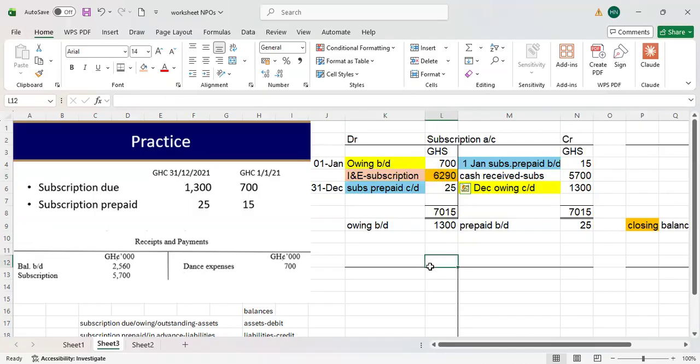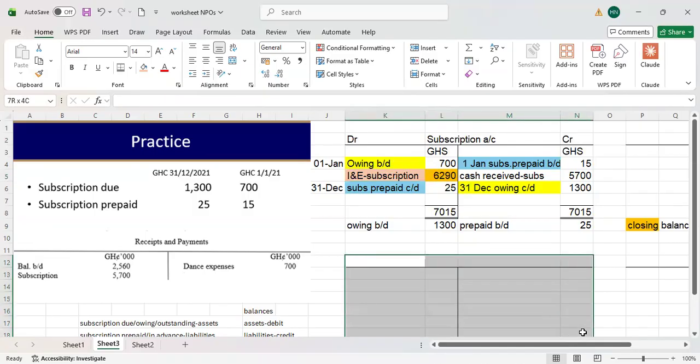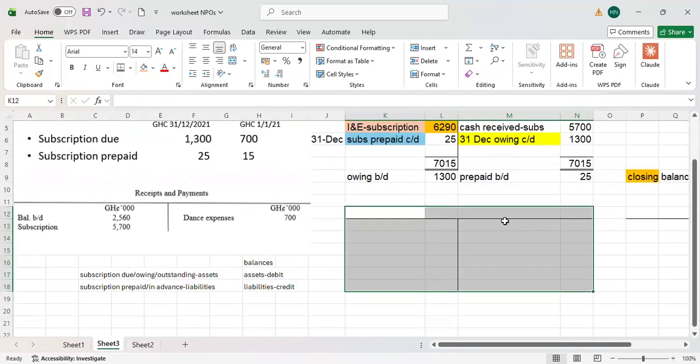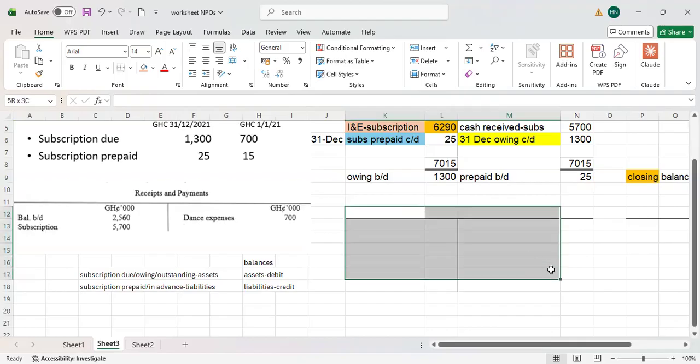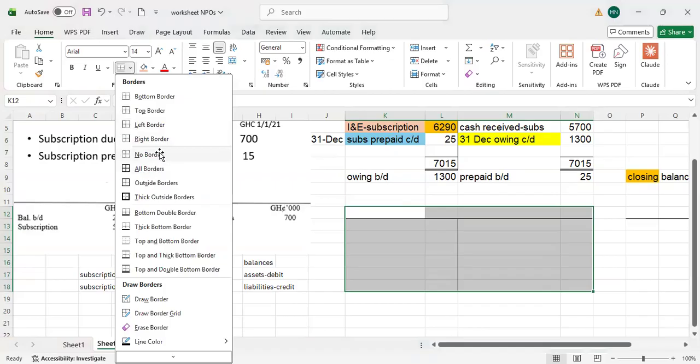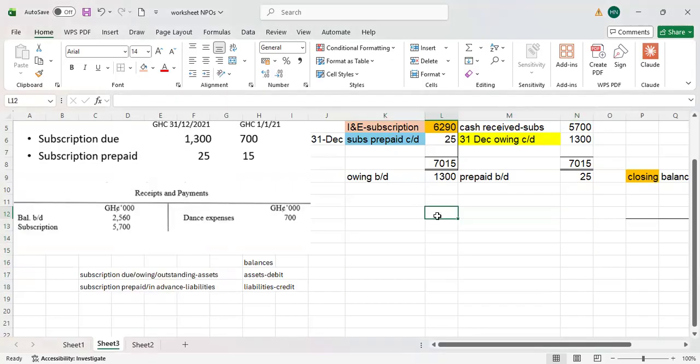So when we go to our income and expenditure account like this, income and expenditure account, of course, we need to show the name of the company there.